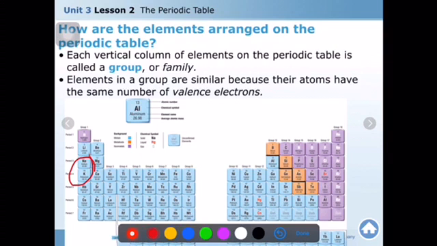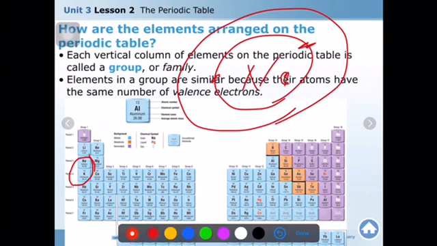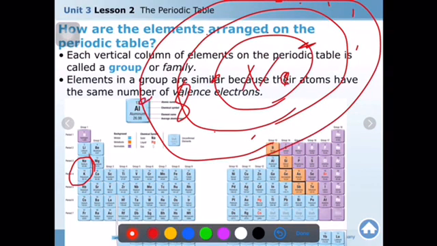Sodium has how many electrons? Sodium has, as I explained before, the first two electrons in the first energy level of the electron cloud. In the second one it has 8 electrons, like this. In the third one it has just 1 electron. How about potassium?